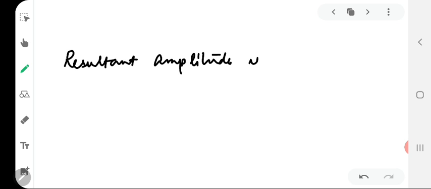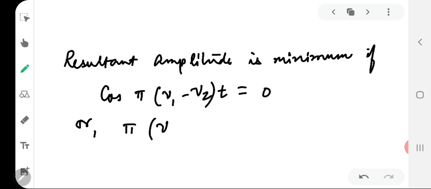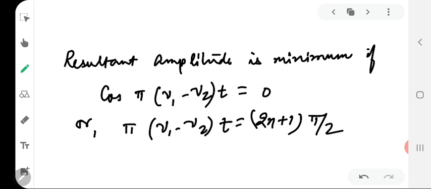Similarly, the resultant amplitude is minimum if cos pi (nu 1 minus nu 2) times t is equal to 0, or we may write down pi (nu 1 minus nu 2) times t to be equal to (2n plus 1) times pi by 2.